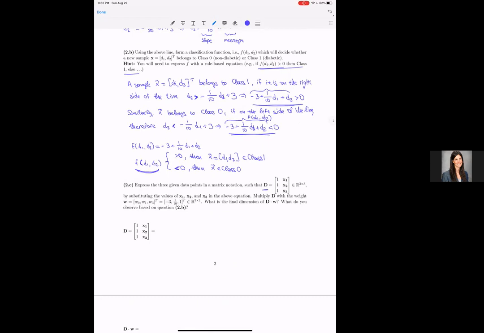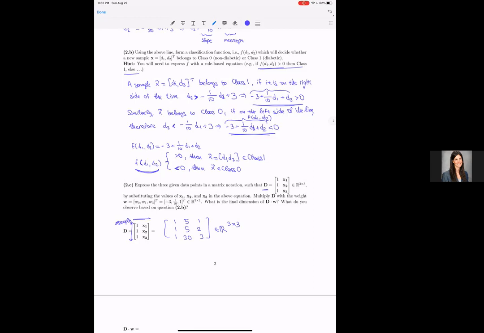Actually, if we substitute that, this will be 1, 5, 1, 1, 5, 2, 1, 33. And the size of this matrix is 3 by 3. Here, we can see that this dimension corresponds to the number of samples.